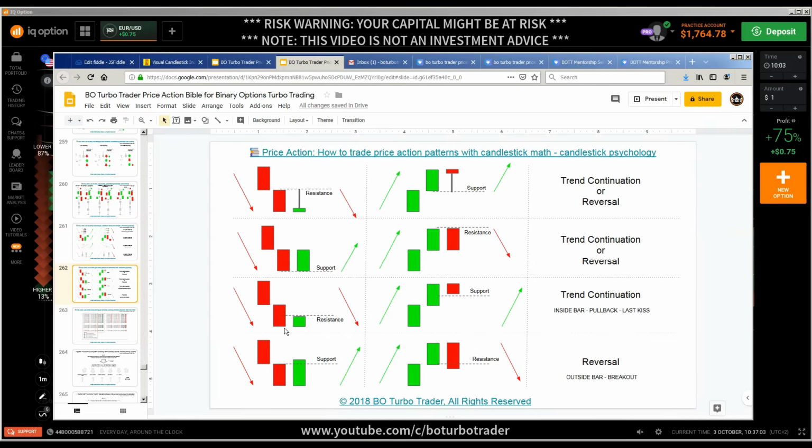We have a breakout of any kind of support and resistance level. Here that was support. This candle is breaking through, getting another candle. We are not talking about wicks, because if there are wicks, the scenario will change a little bit, but in general you have to care about the real body.